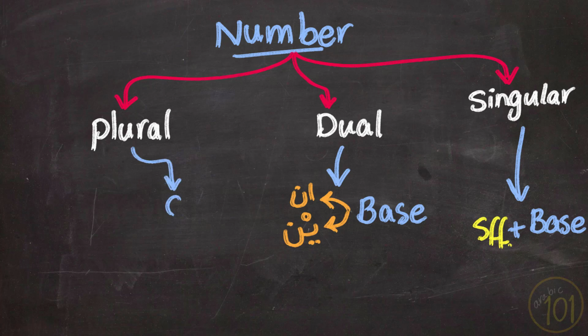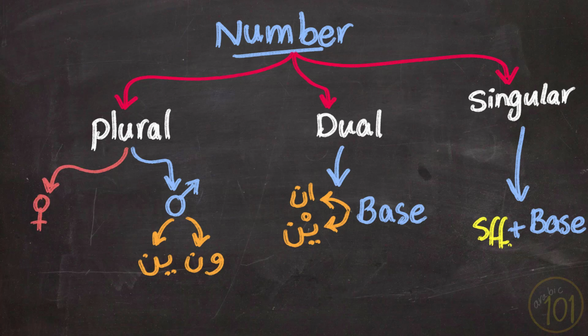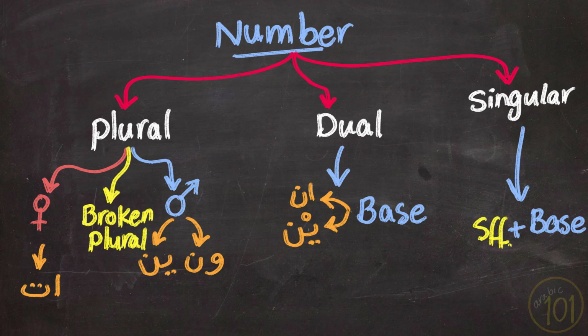And to make a plural form of a masculine noun, you simply add waw and noon or ya and noon to the end of the base form. And to make a plural form of a feminine noun, you will add alif and ta after removing the ta marbuta at the end of the word if there was one. There is also a third type of plural nouns which does not follow any rules, and you'll have to learn it by heart.